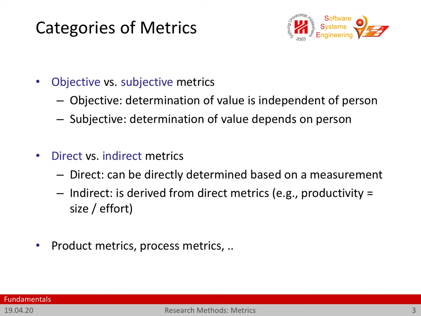Further, metrics may be subdivided into product metrics, process metrics, even people metrics, things like that. All of them are relevant for characterizing a situation as a basis for research, and not only as a basis for research, it's actually for any case where you do some sort of improvement.